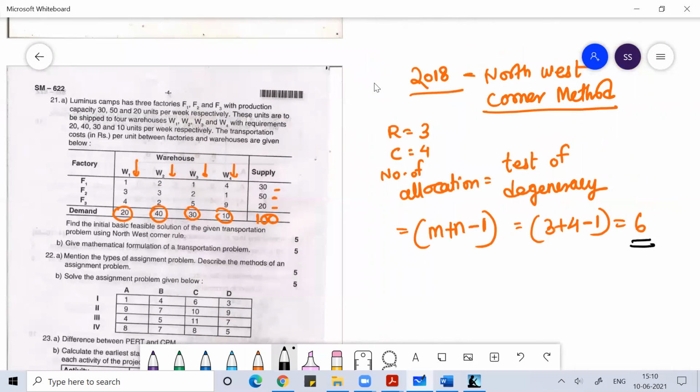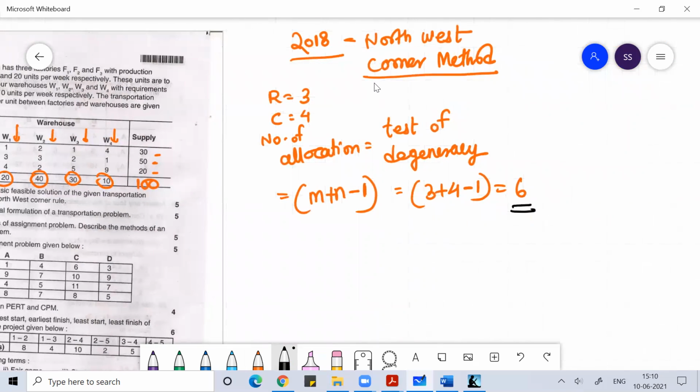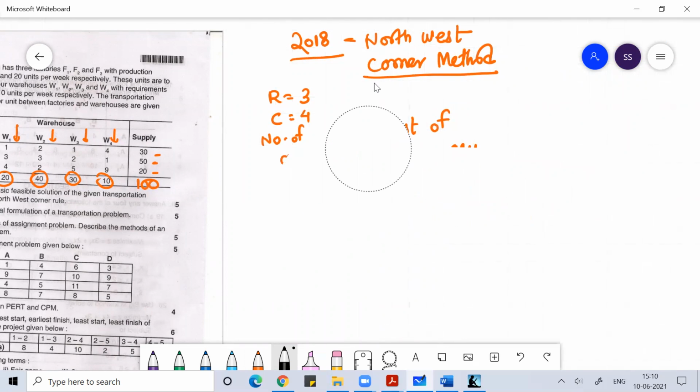So remember that. Can I go ahead and run this test of degeneracy? I need to write down the data.